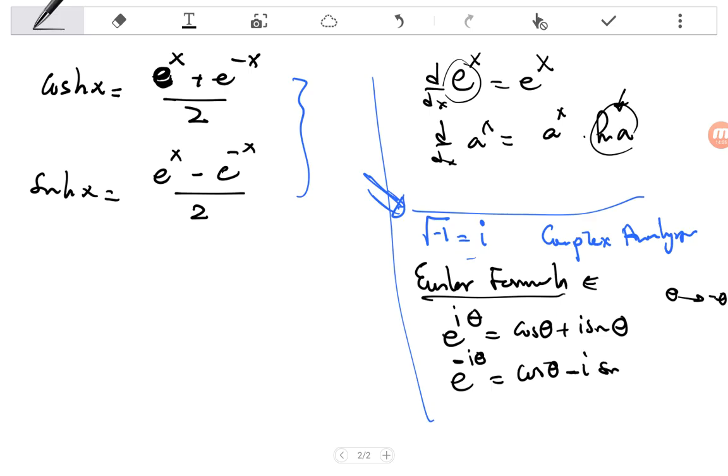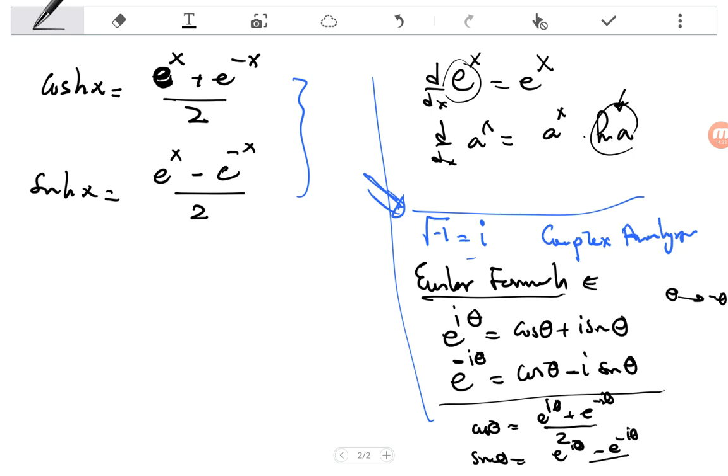Now, if you add these two equations, you will get that 2 cosine theta is equal to e power i theta plus e power minus i theta, and dividing by 2, cosine theta is that over 2. Also, sine theta will just be e power i theta minus e power minus i theta over 2i.